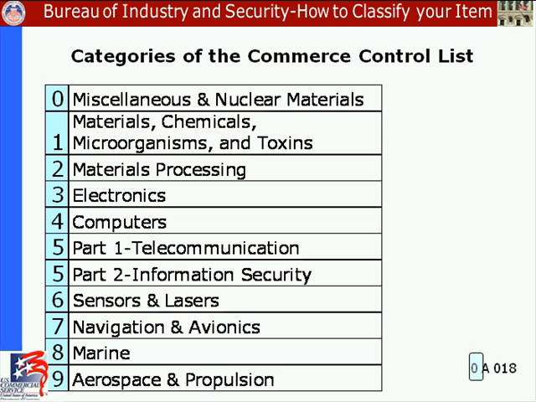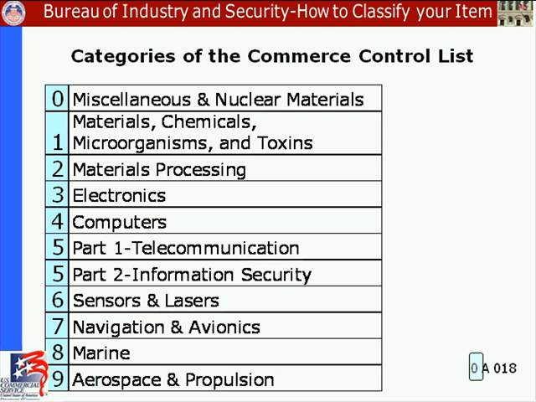And category 5 is the only category where we have 2 parts. So if you see one ECCN number, 5A002, for example, and you couldn't find it in category 5, maybe because you only looked at part 1 and did not look at part 2. 5A002 happened to be in part 2.